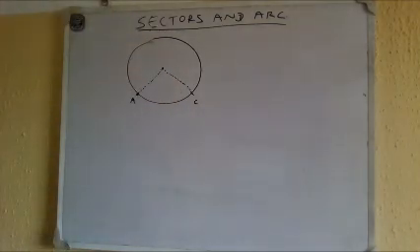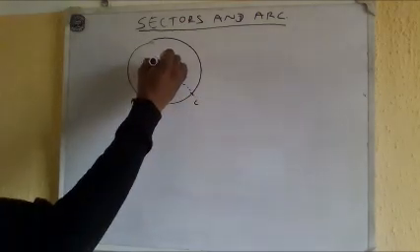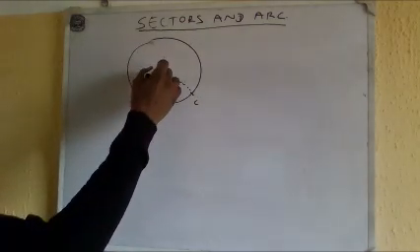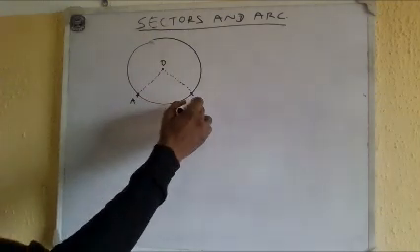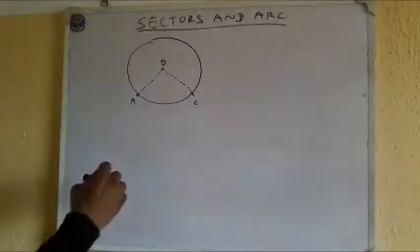Okay. So a sector is like a pizza sliced region bounded by two radii. So if this arc is AC, a sector is just OAC. That is this particular region. It's a sector.